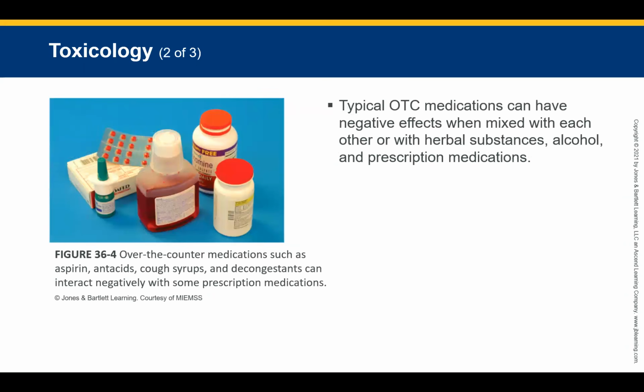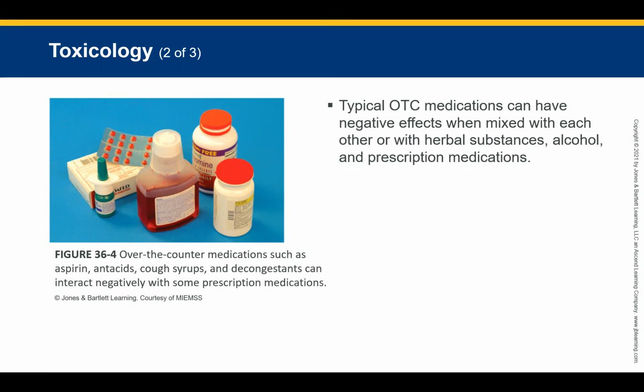Some common OTC meds used by elderly people include aspirin, antacids, cough syrups, and decongestants. Many people believe OTC medications cannot be dangerous, but they are. These medications have negative effects when mixed with each other or with herbal substances, alcohol, and prescription medications.